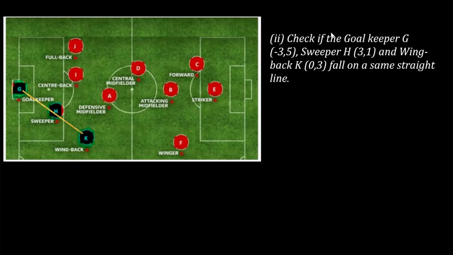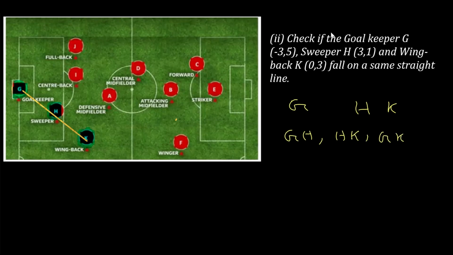So here we are not going to use the area of triangle property for proving collinearity, because that's not there in the class 10 CBSE syllabus. So we are going to use this concept: say we have the points G, H, and K. We'll be finding GH, HK, and GK.